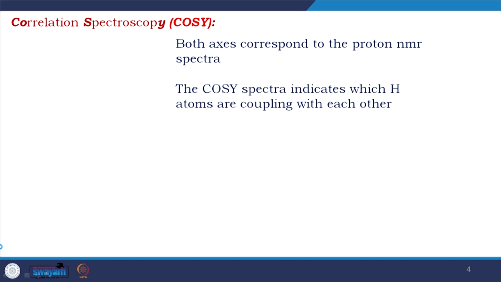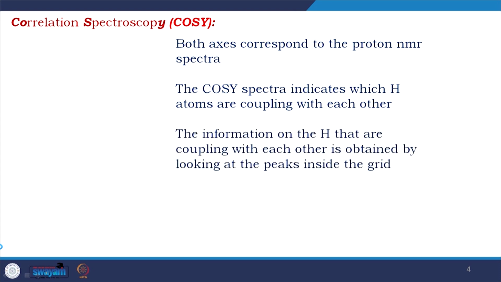So, a little bit of detail about correlation spectroscopy, COSY. Here both the axes correspond to the proton NMR spectra, 1H and 1H. The COSY spectrum indicates which hydrogen atoms are coupling to one another. The information on the hydrogens that are coupling with each other is obtained by looking at the peaks inside the grid.